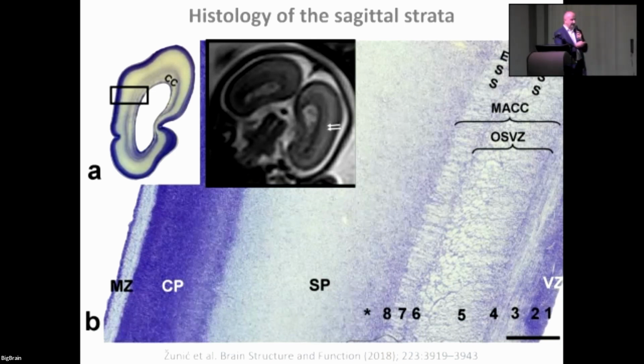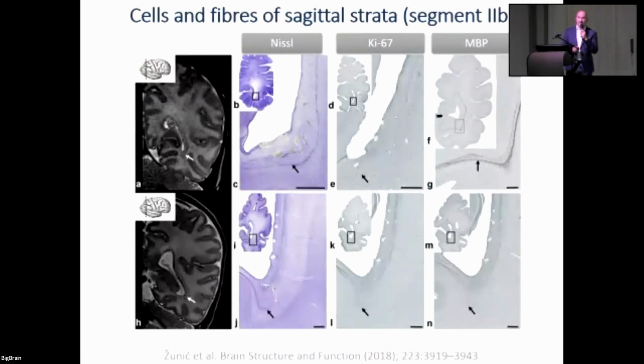We believe that during premature birth, you have damage of the pre-oligodendrocytes, and because of that damage, you will later have reduced myelination in this region, and because of the reduced myelination, you will have reduced visibility of sagittal strata.